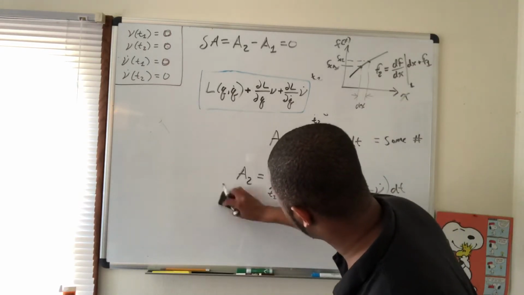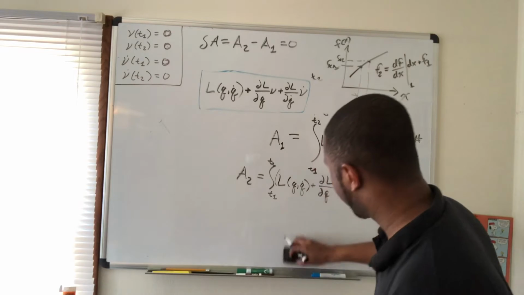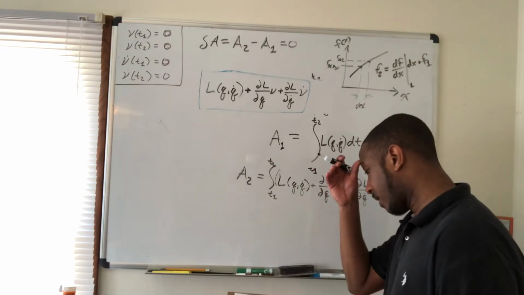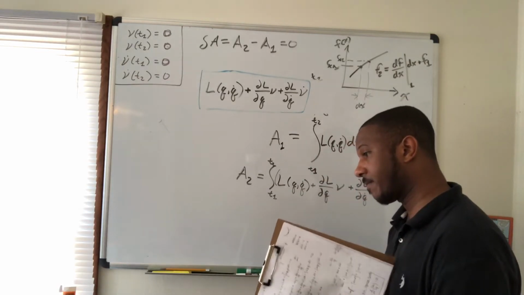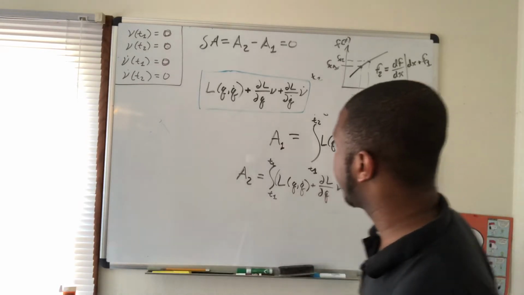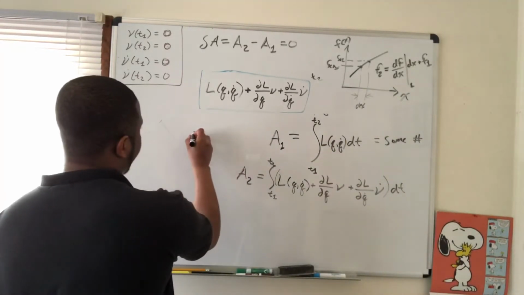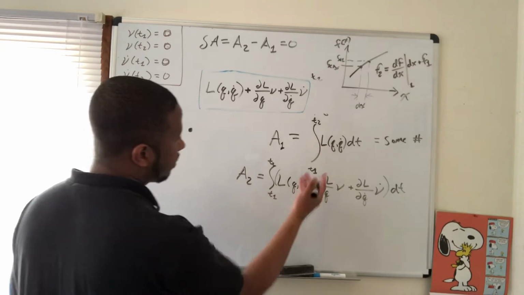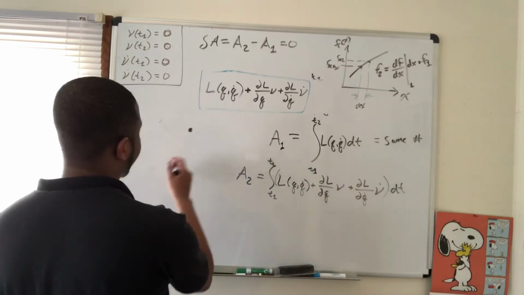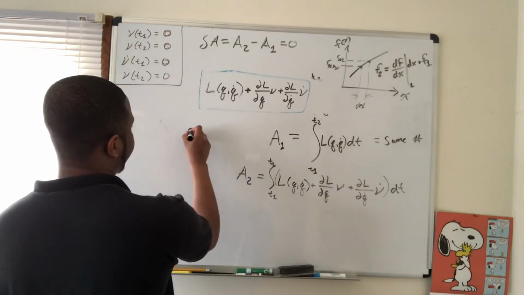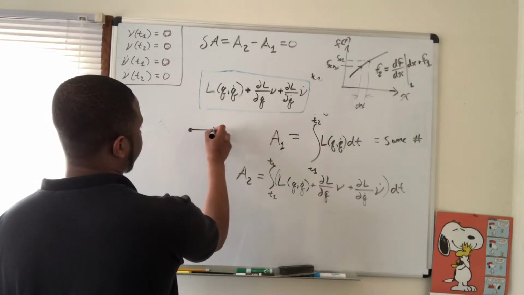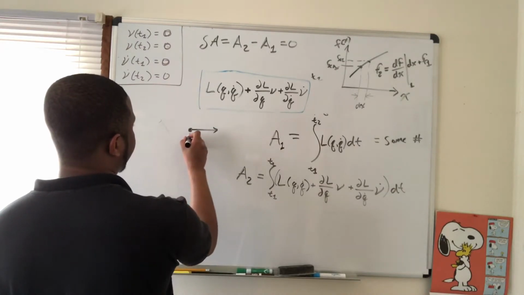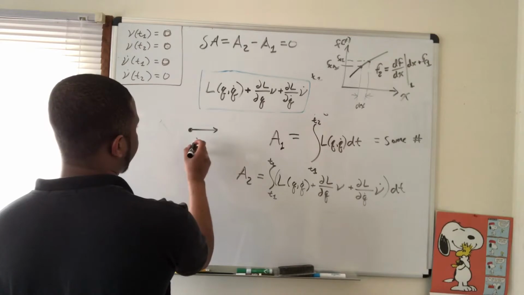I should also note we're only looking at a one-dimensional problem. So maybe I should say what Q is. Q would be the position of a particle in one dimension.